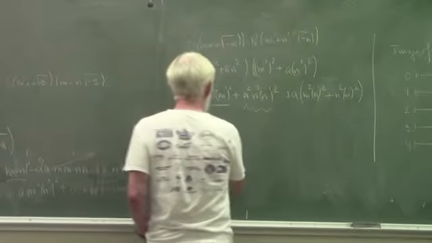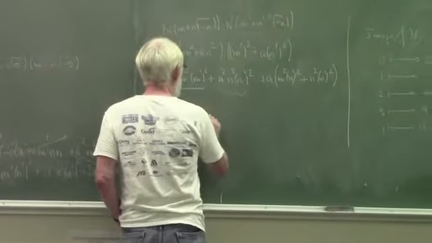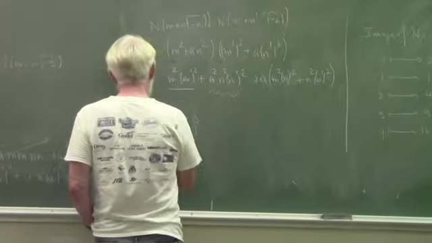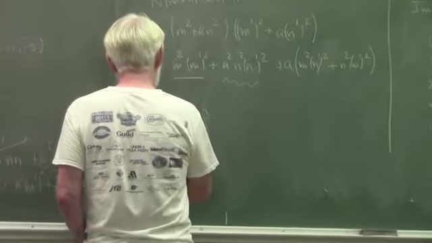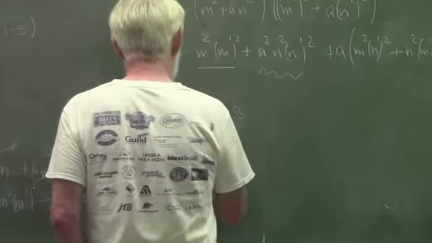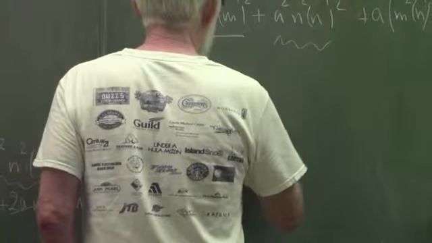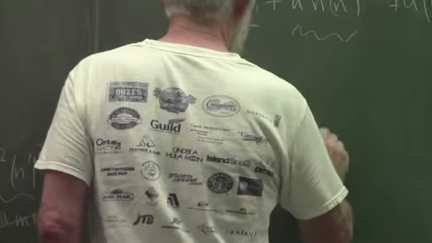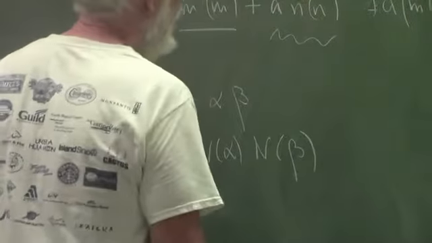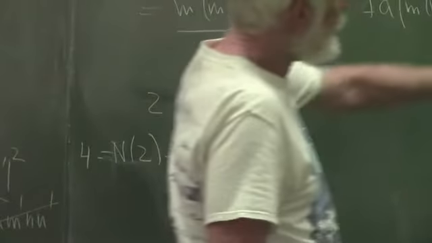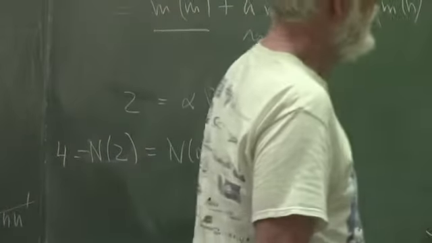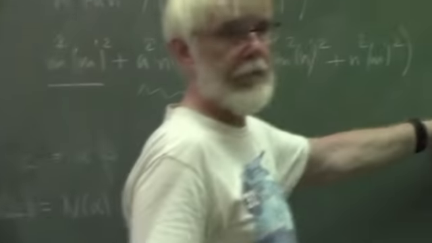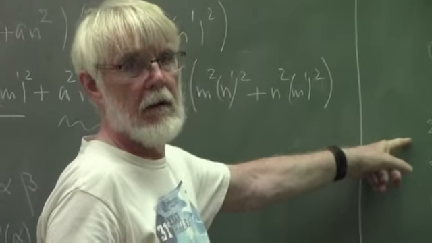I mean, if 2 was alpha beta, then n of 2, which is 4, has to be n of alpha times n of beta. But if you wanted to get 4 here, this is the only way to get 4, right?